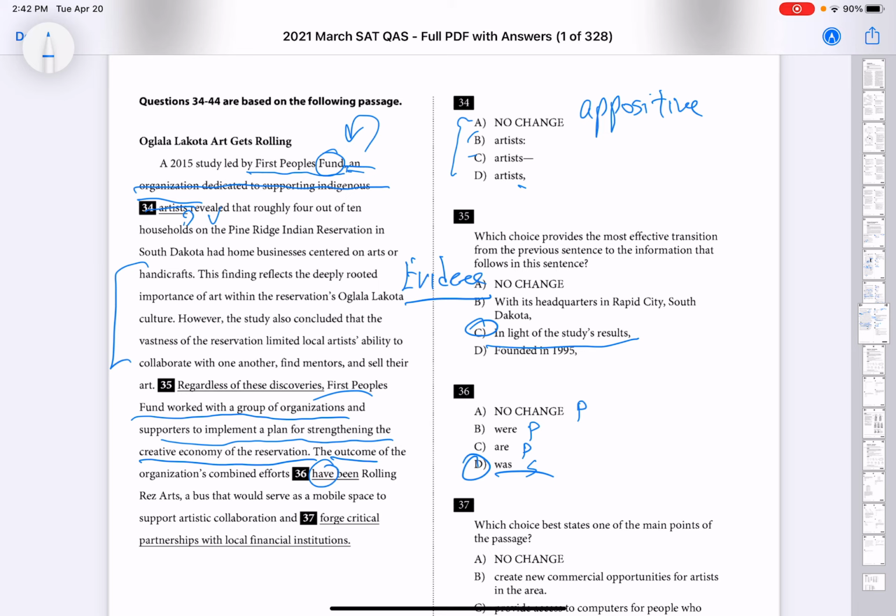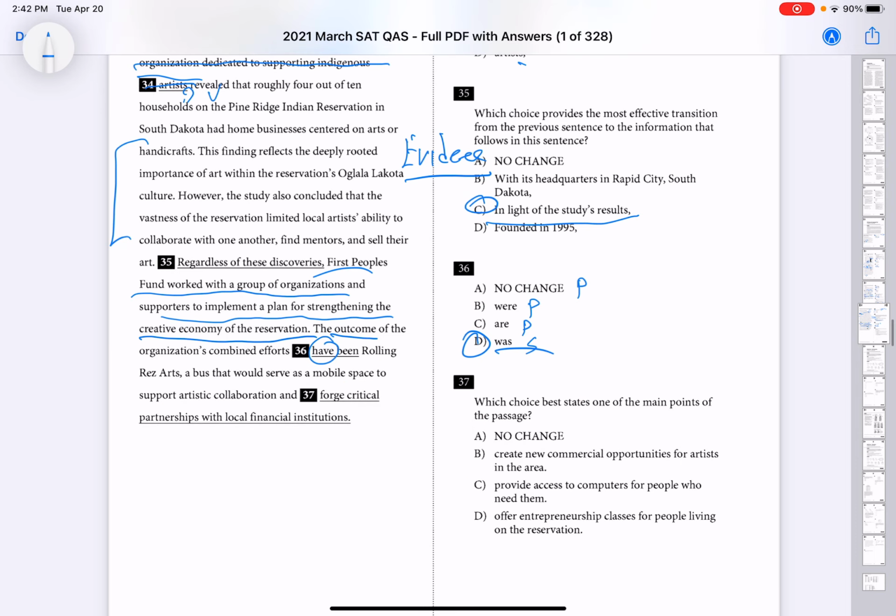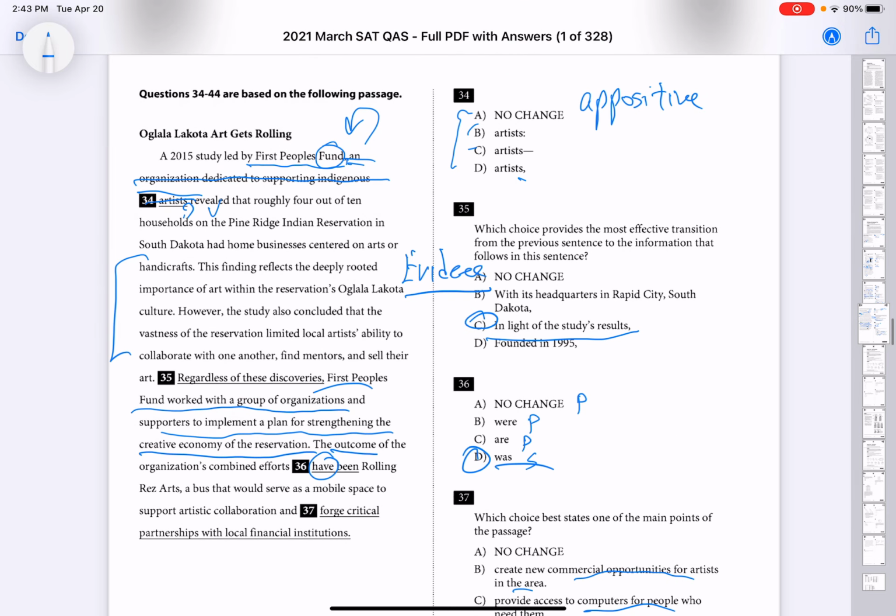Rolling Res Arts, a bus that would serve as a mobile space to support artistic collaboration and forge critical partnerships with local financial institutions, which best states one of the main points of this passage. Let me see. Local financial institutions create new commercial opportunities for artists in the area, provide access to computers, offer entrepreneurship classes for people living on the reservation. All right, so what were they trying to argue here? The main points: limited the ability to collaborate with one another, find mentors, and to sell their art.